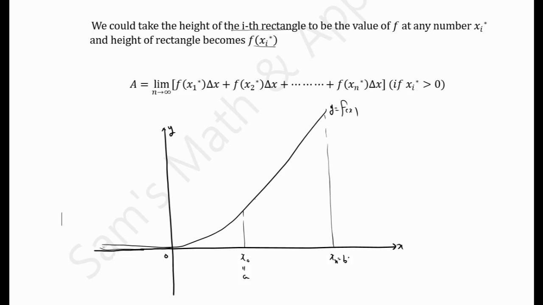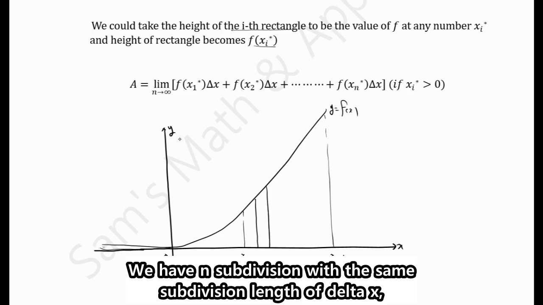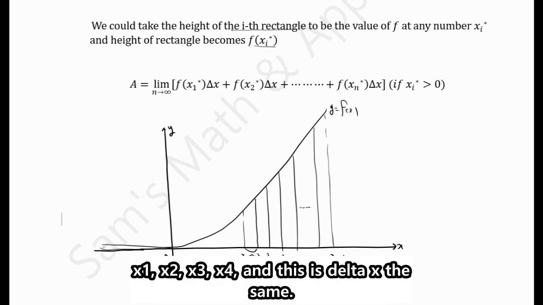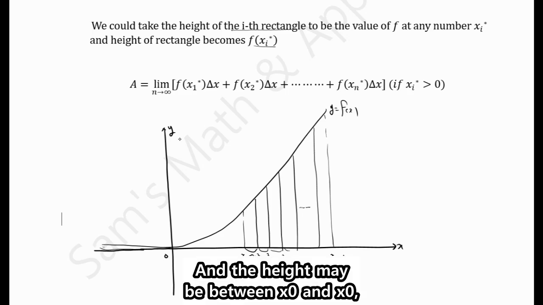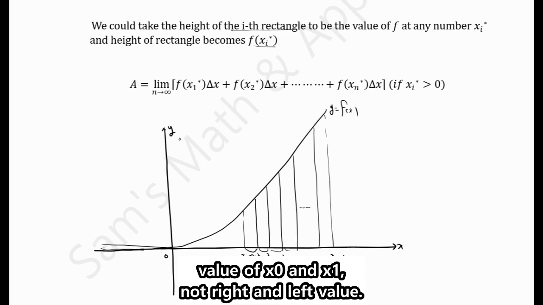We have n subdivisions with the same subdivision length, delta x: x1, x2, x3, x4, and the delta is the same. And the height may be a value between x0 and x1, not the right or left value.